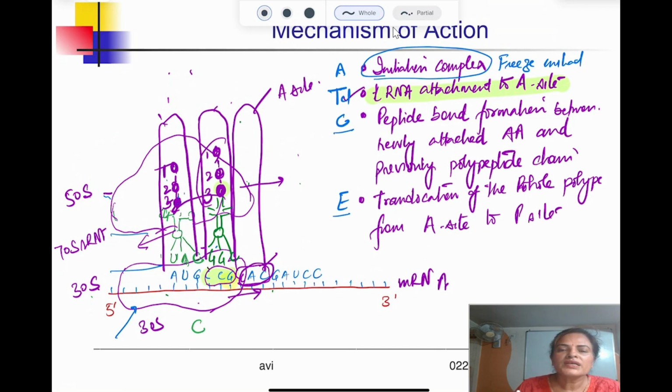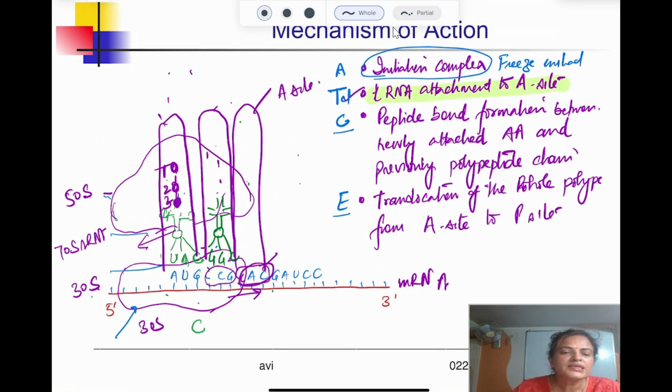Now, this transfer RNA is going to transfer the amino acid on the basis of what? It is going to transfer the amino acid on the basis of this codon.